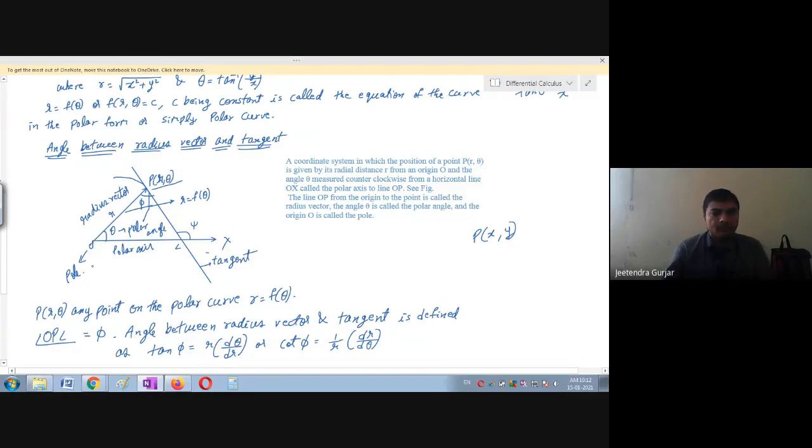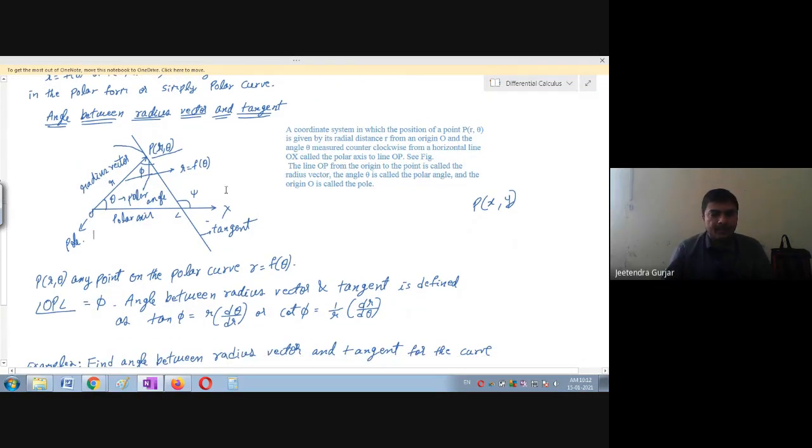So all these are just different names. This is the origin we used to take, but now we are going to consider it as the pole, so that it is not understood by common people, right? Now you can see we are going to take this as the curve. It is the function r is equal to f of theta.